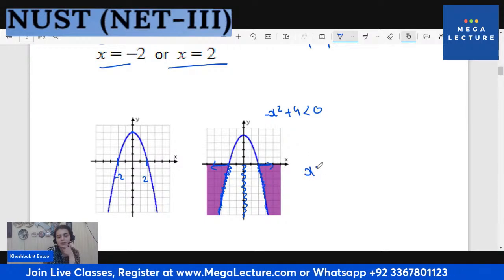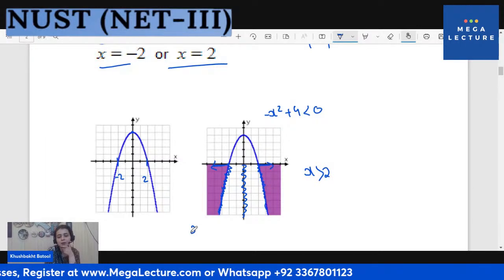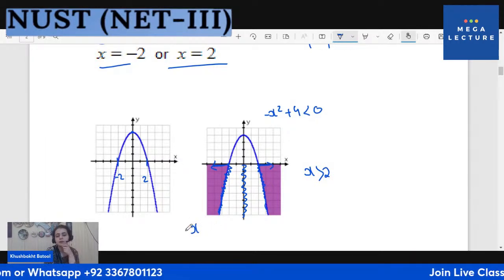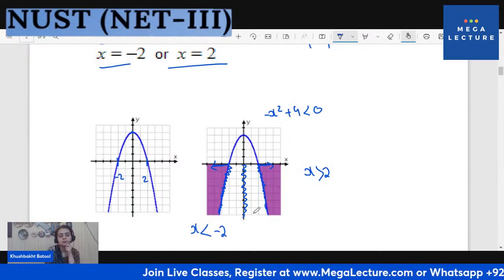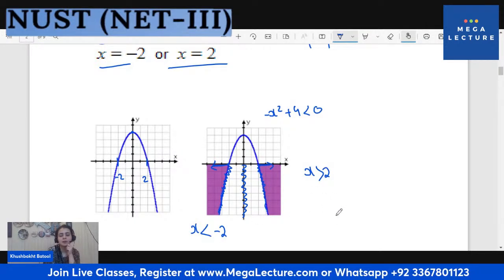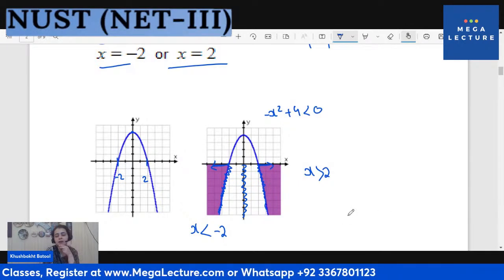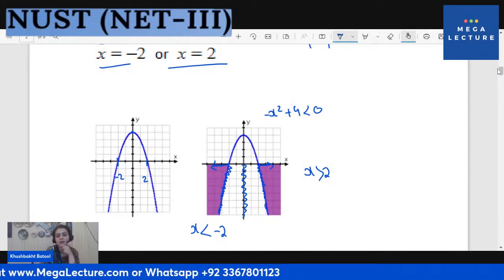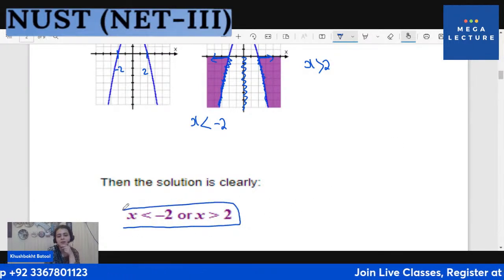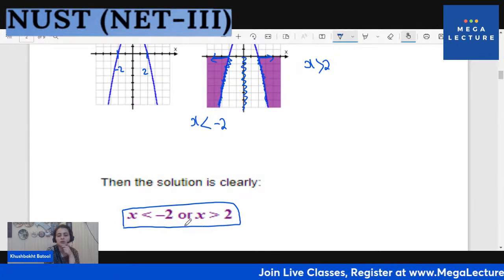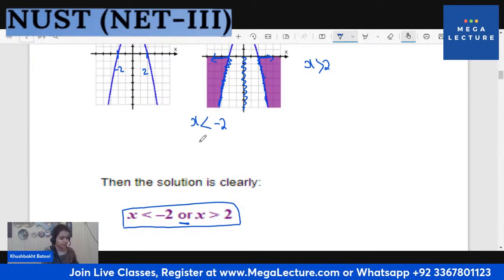So here we have x is greater than 2, and here we have x is less than -2. Now if I need to write this as a combined answer, I would be writing it as this, right? So we can have a continuous solution, we can also have a solution with discontinuity. That is completely fine.